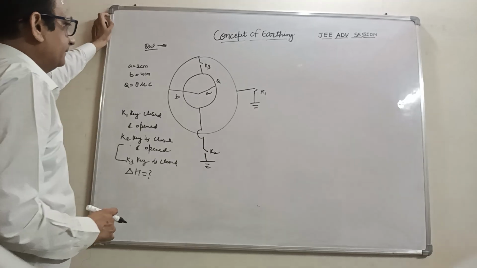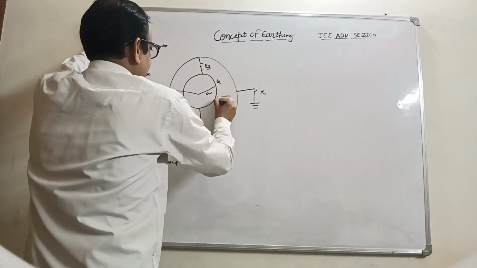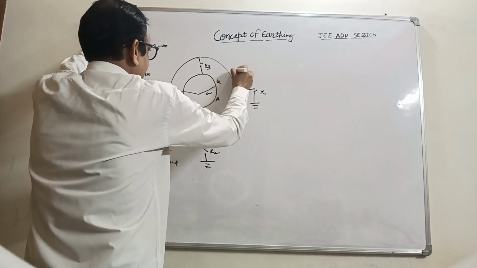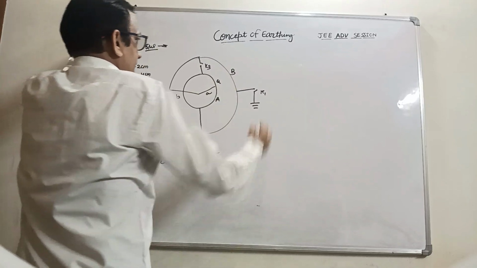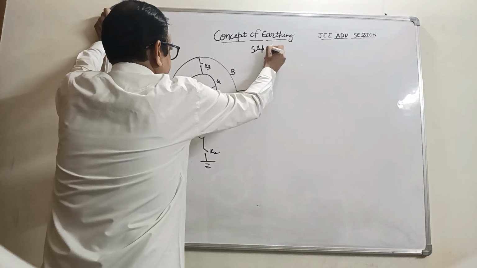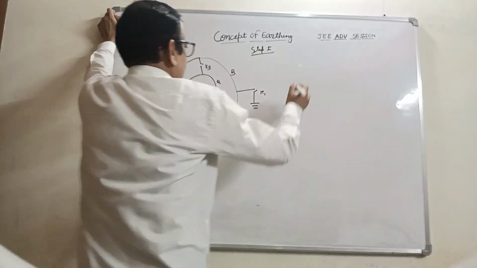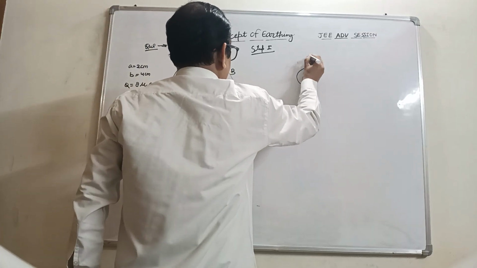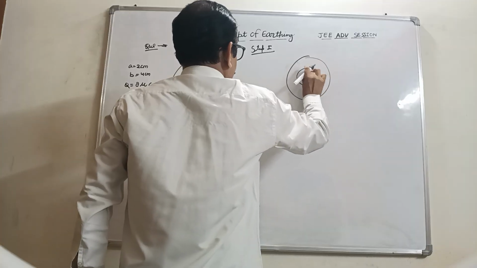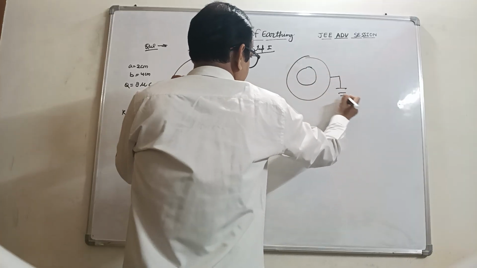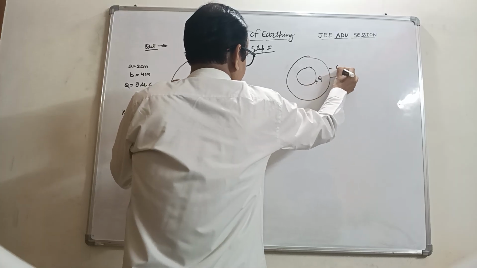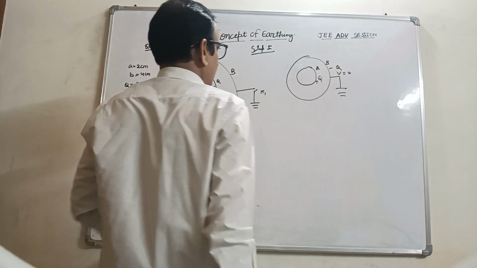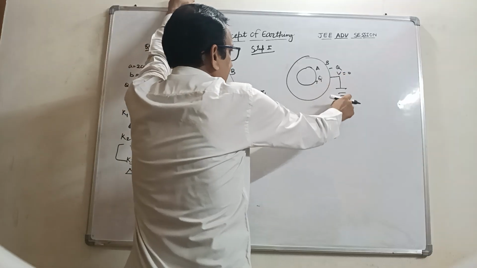So let this concentric shell be A and this concentric shell be B. Step first is when the K1 key is closed. On closing the K1 key, the positive Q charge is here, so negative Q charge is induced here. This is B, this is A. The potential at B on earthing becomes 0.